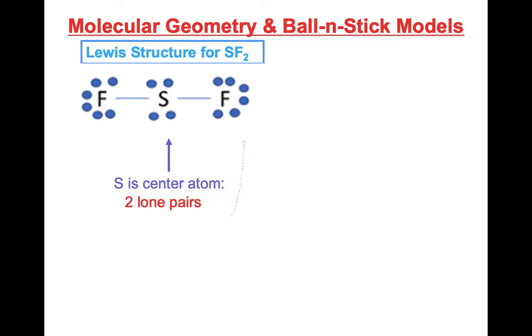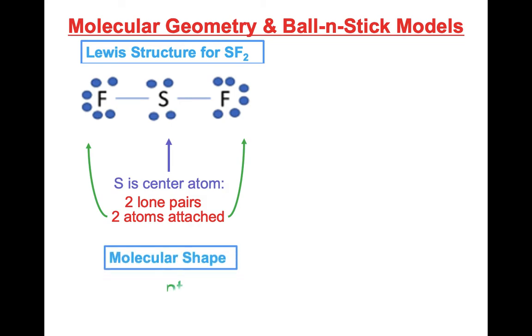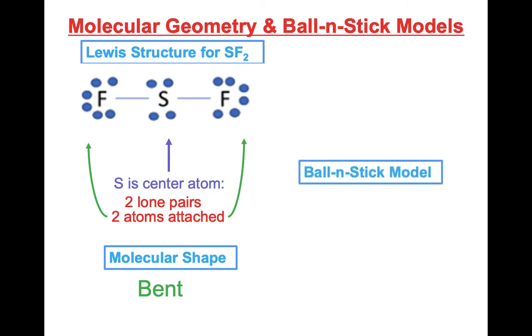So these 2 fluorines are going to be pushed down because of those 2 lone pairs. This is very similar to what water does to create its shape, which is bent. Keep referring back to your chart so that you can understand why the shape is what it is. So this is going to be a bent shape.